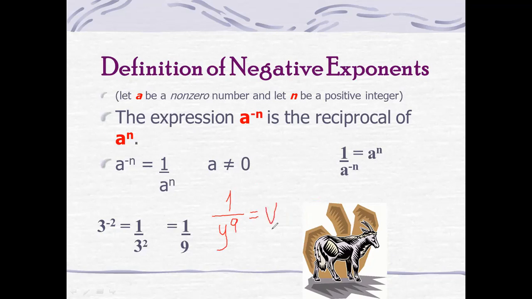Y to the power of negative 9. Very good. So 1 over y to the power of 9 is just equal to y raised to the power of negative 9. We are just having the opposite of that number.